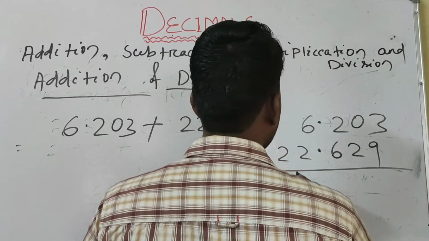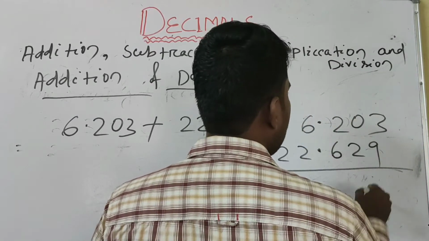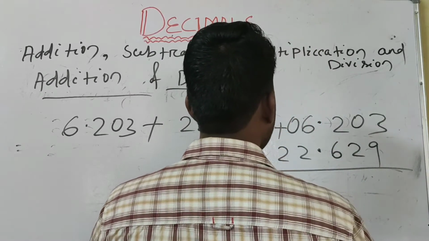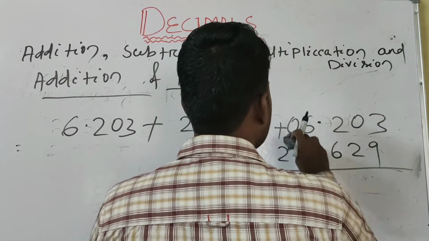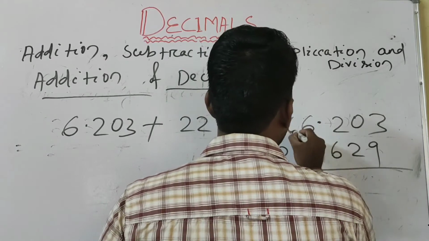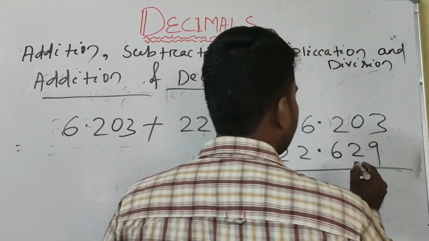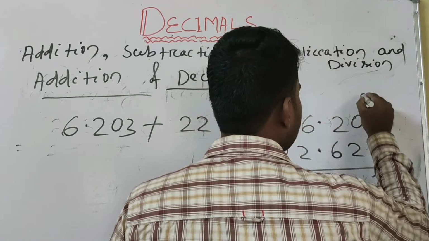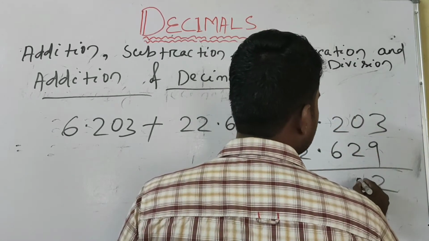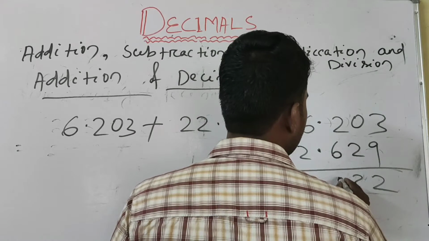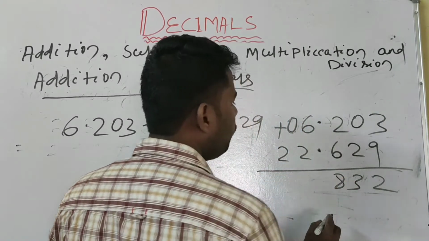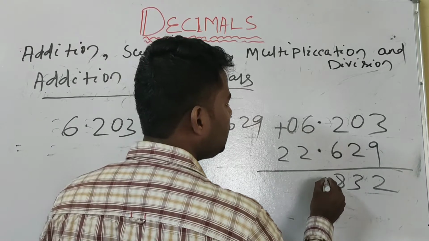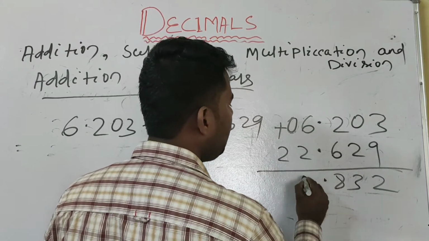Then, as we do in whole numbers, 9 plus 3 is equal to 12. If we convert to like decimals, we will put a 0 here, which will be easy for you. Keep 2 here and carry over 1. 2 plus 1 is 3. 6 plus 2 is 8. Then we directly put the decimal point under the decimal point, and 6 plus 2 is 8.